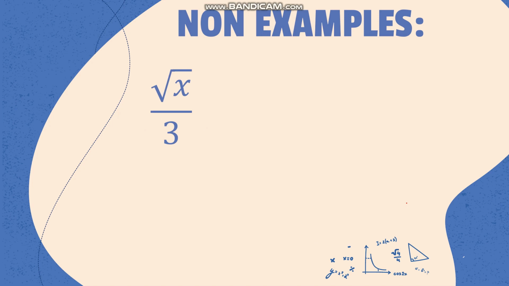Same with x raised to 1/2 plus 4 over x. This is again not a rational expression since we have x raised to 1/2 in the numerator. As you can see, the exponent is not an integer, it's a fraction, so it's not considered a polynomial.